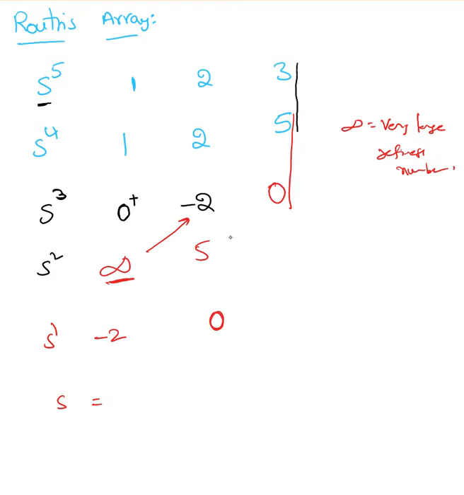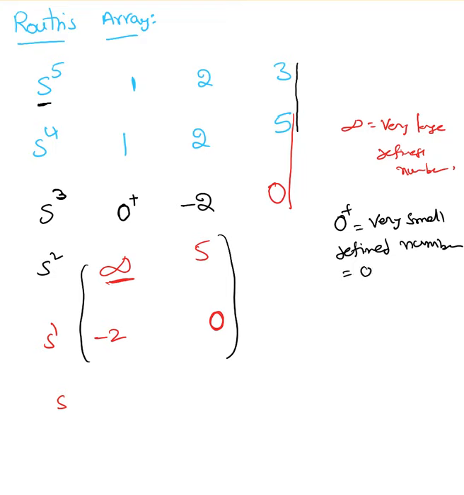Now we'll do it one more time here. We'll use these 4. Infinite is a very large defined number, and 0 plus is a very small defined number.